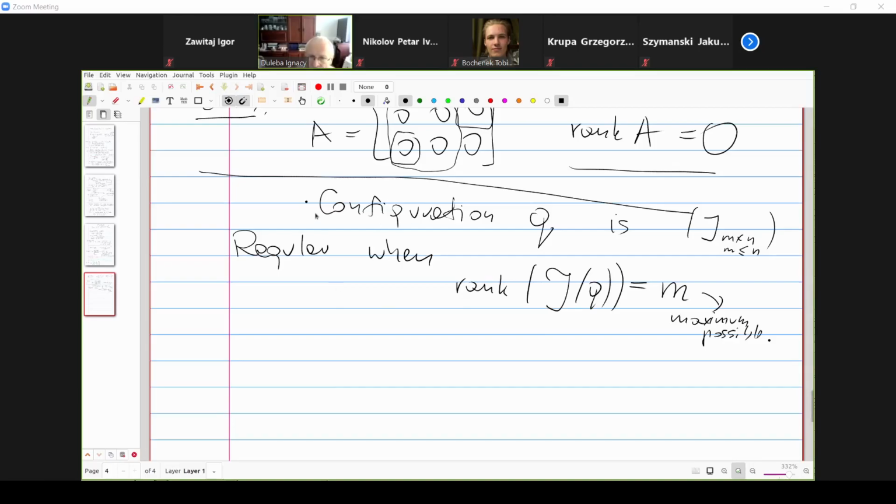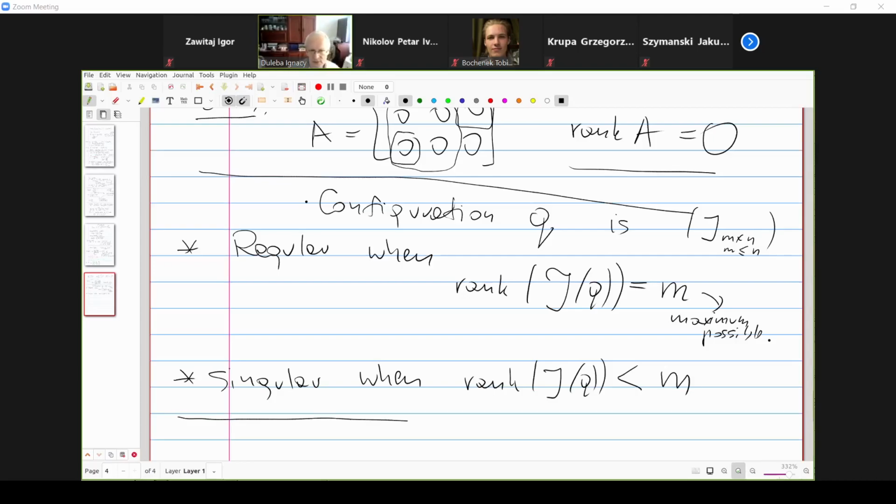Okay, so configuration Q is regular when this equality holds, but configuration is singular when, of course, the rank of the Jacobi matrix is smaller than the maximum possible.